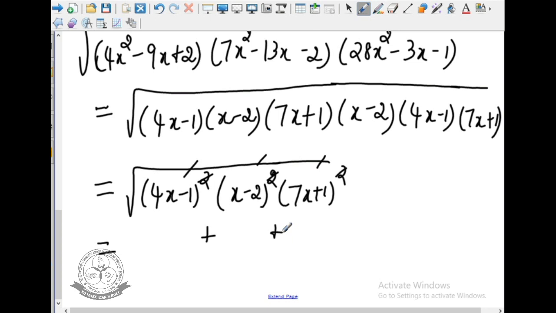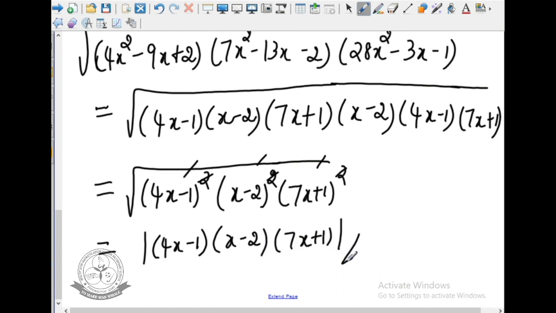So here you can do the cancelling separately. So our answer is (4x − 1)(x − 2)(7x + 1). Check this down.